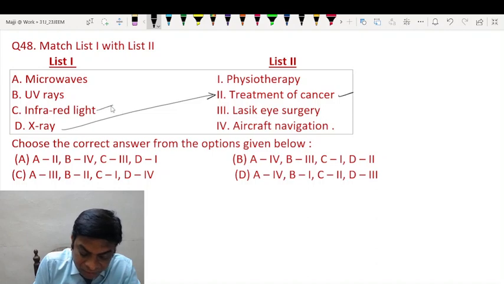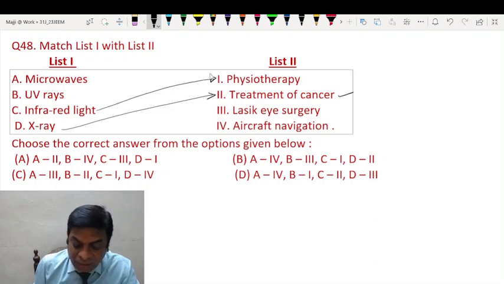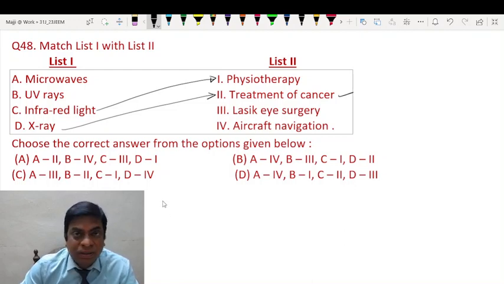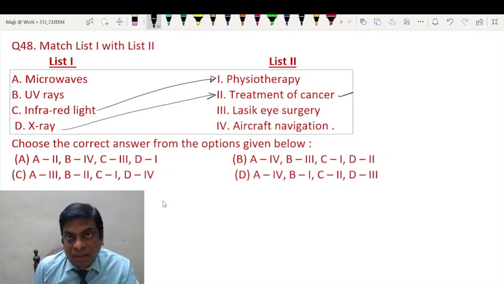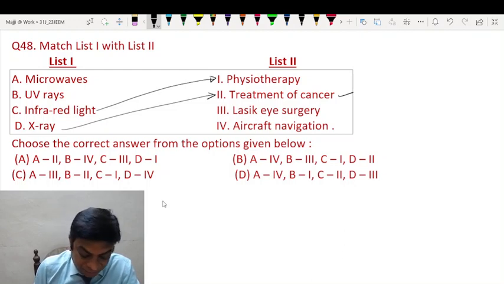Then infrared is often applied in physiotherapy. It's very common nowadays. Most of us keep going to hospital because of our own problem or because of the problems of our relatives, friends, etc. So physiotherapy means you get a therapy based on an infrared lamp, that is a lamp releasing heat energy.